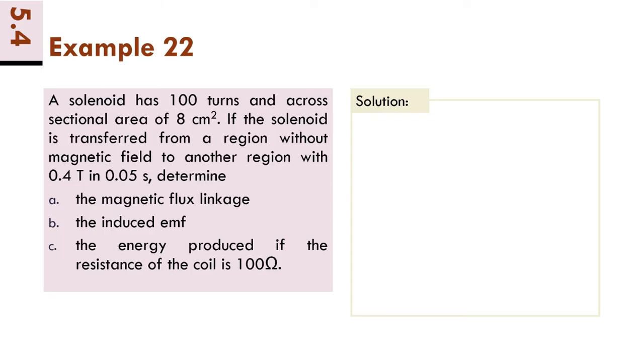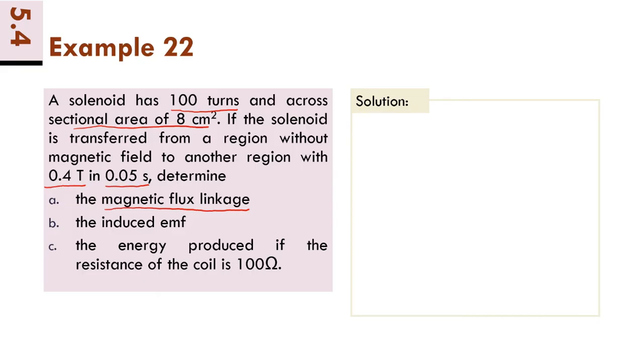So now look at example 22, the last example. As usual, read the question and take out all the information from the question. Given 100 turns, cross-sectional area, and then given B, given time. The question asks for the magnetic flux linkage.